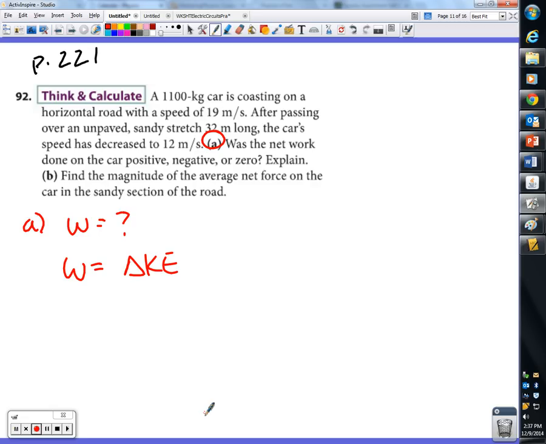We learned in section 6.2 that the amount of work done on an object equals the change in its kinetic energy. And we know that the change in the kinetic energy depends on final minus initial, KE final minus KE initial.